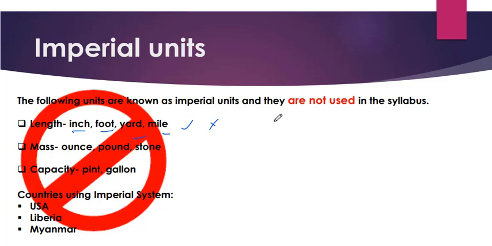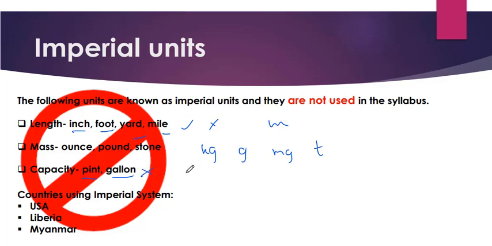For length we use meters. For mass, there are different units: ounce, pound, stone. In this syllabus we use kilograms, grams, milligrams, tons. For capacity, pint and gallon, we don't use these imperial units.